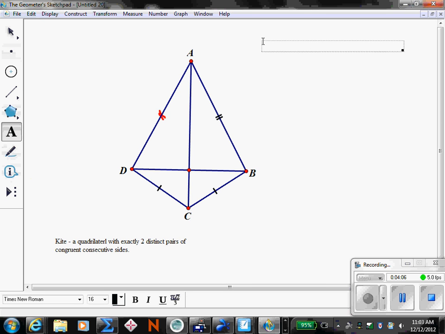Angle A and angle C are the vertex angles. Angle D and angle B are the non-vertex angles.